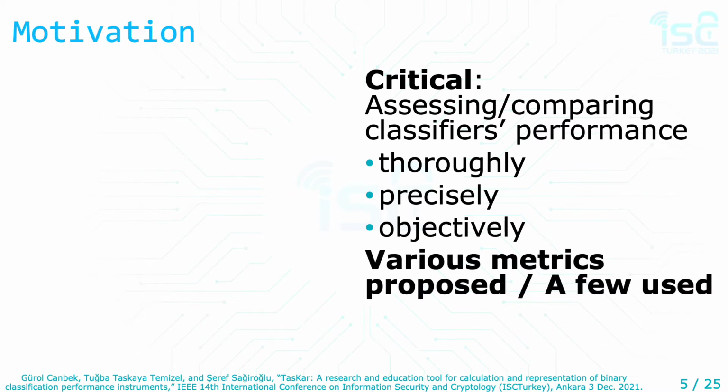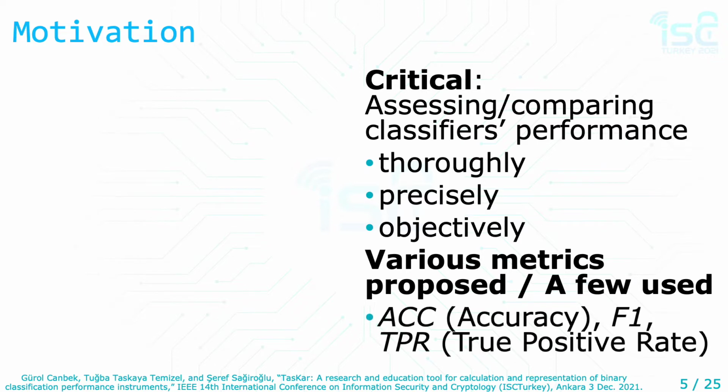As we covered in this study, despite the various metrics proposed in the literature, researchers and practitioners use or report just a few well-known metrics, such as accuracy, F1, or TPR, which is also known as sensitivity or recall. This practice might be an indication of a general lack of understanding of those other alternative performance instruments.